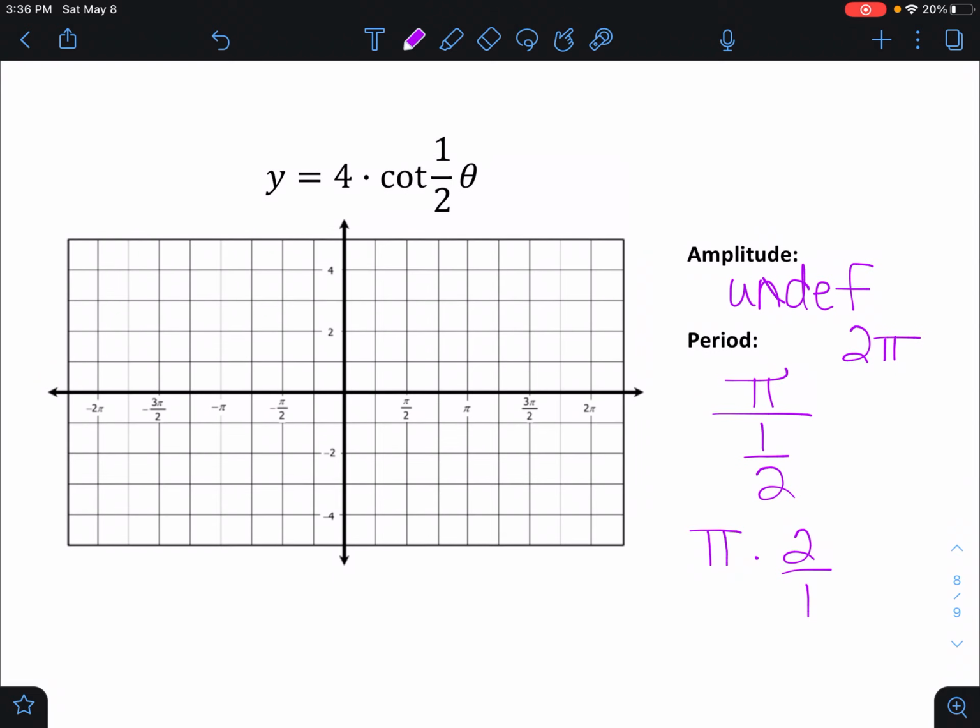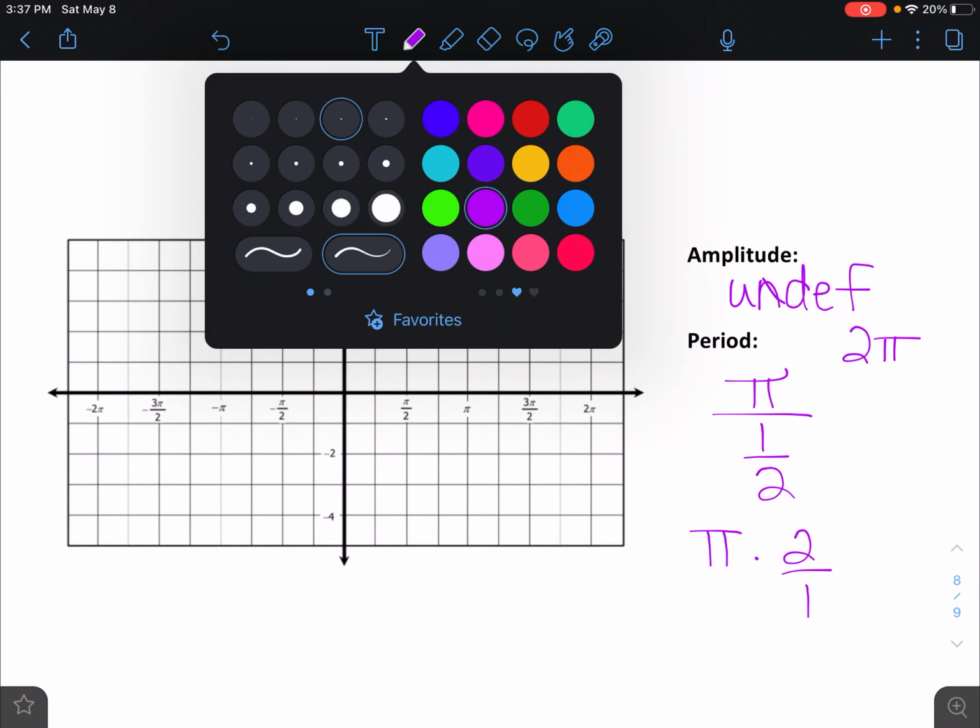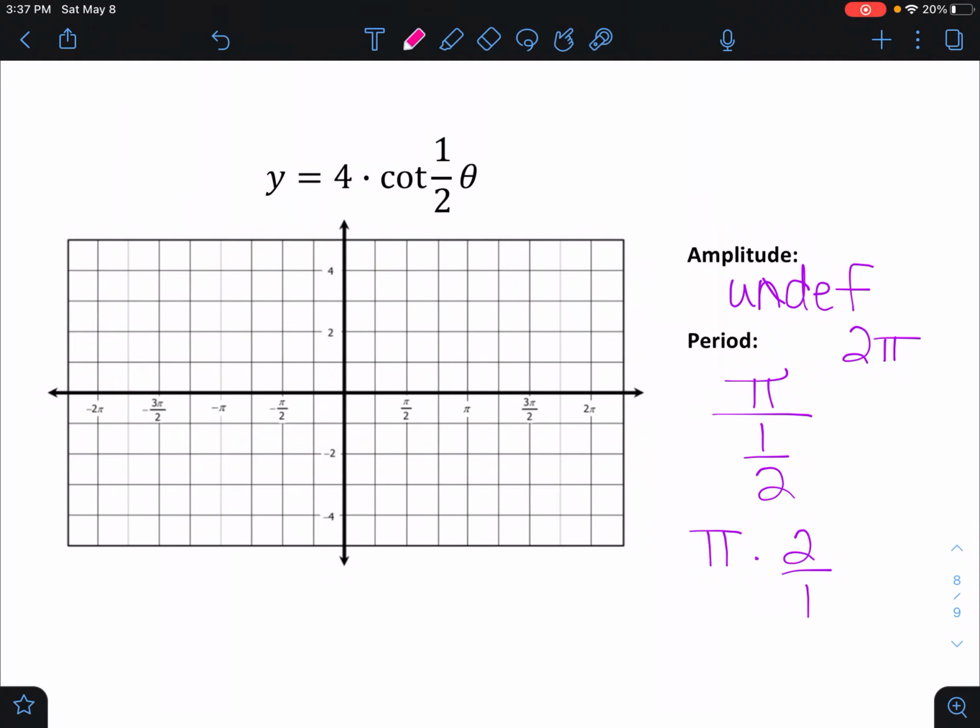Okay, well, this does make it a little easier. Like I said, I know I have an asymptote line right here. And since the period and the first asymptote are the same, I know I have one at 2 pi. That means I have another one back at negative 2 pi.